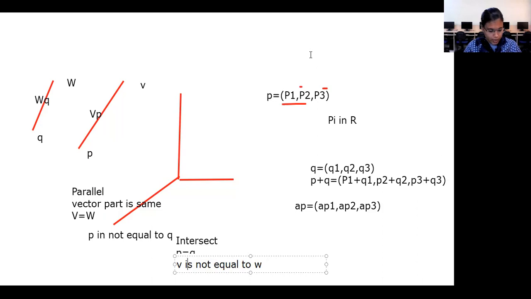Okay, now let us go to the next point that you already know. Suppose we have a point P in E3 space. We describe this point P simply with coordinates, say P1, P2, P3.